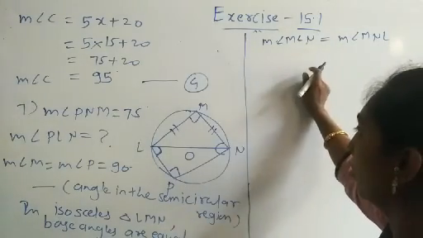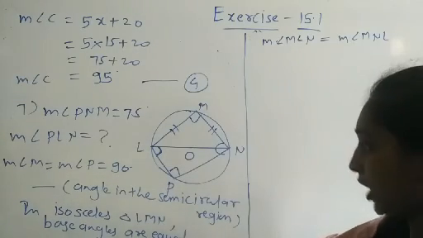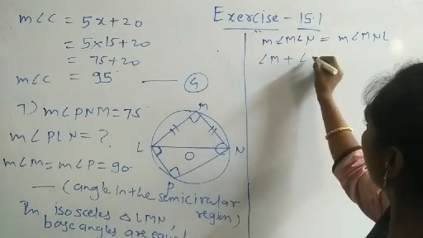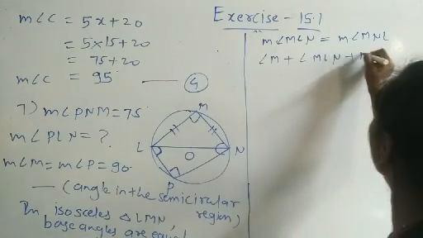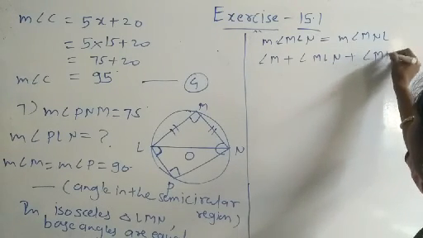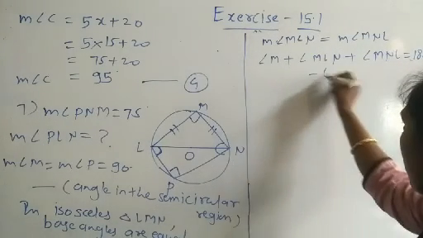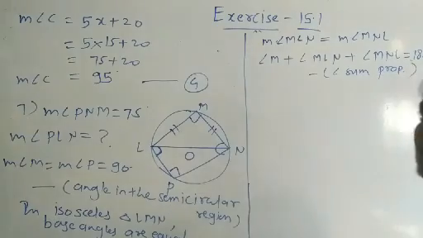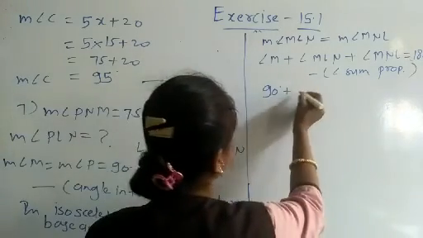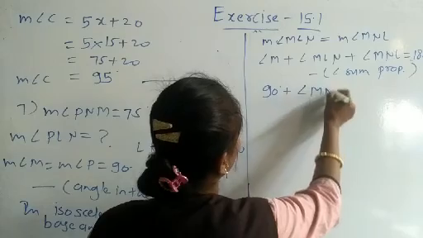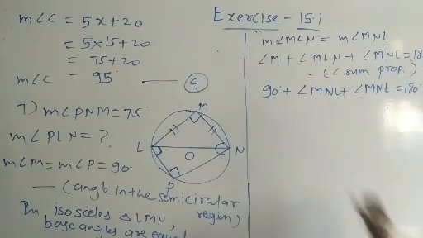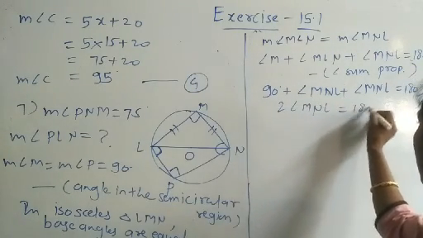And now by using angle sum property, in isosceles triangle LMN, angle M plus angle MLN plus angle MNL is equal to 180 degrees. Angle sum property, short form we write. Angle M is 90 degrees. You have to find the measure of angle MLN. Angle MLN plus angle MNL is equal to 180 degrees minus 90 degrees.